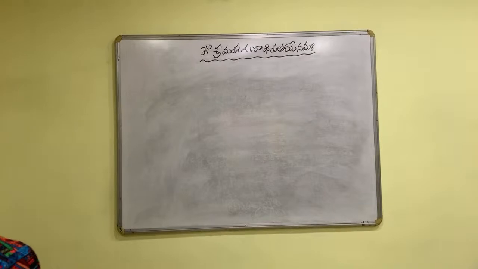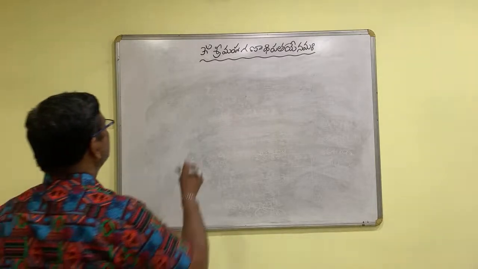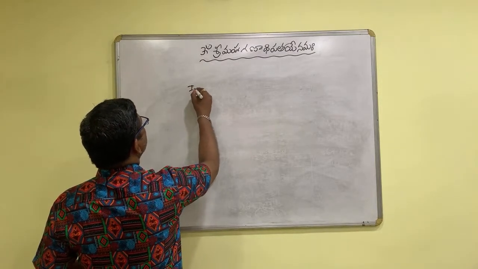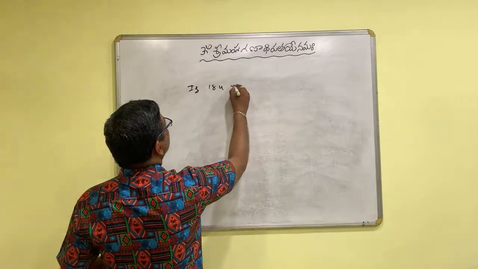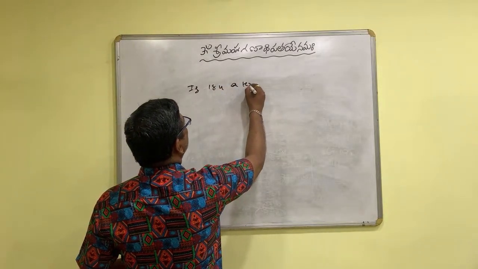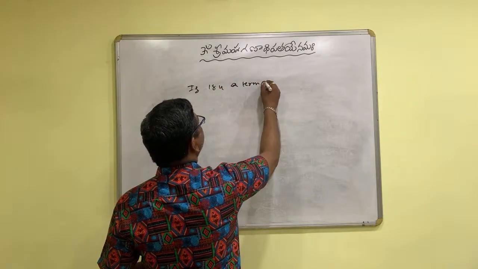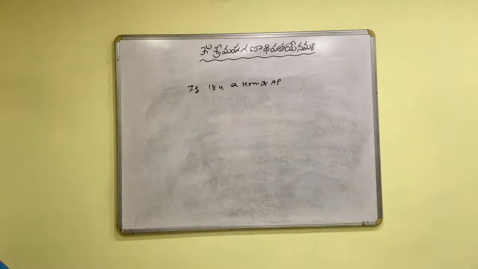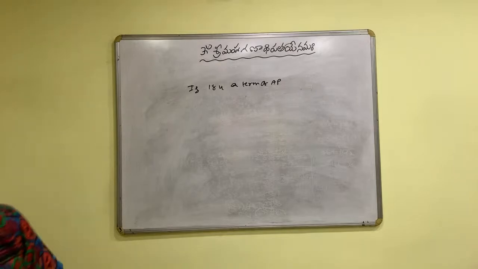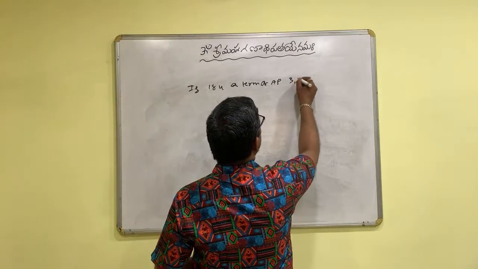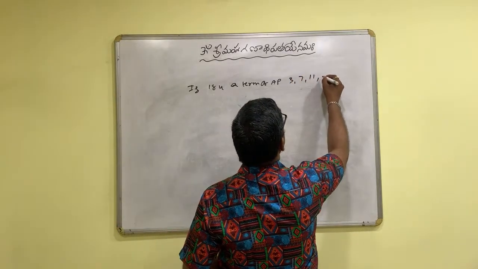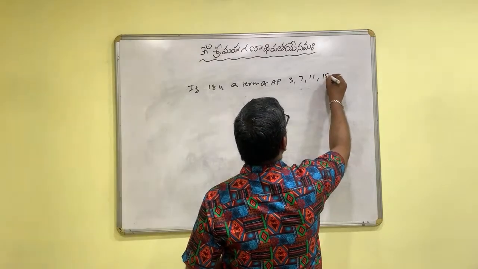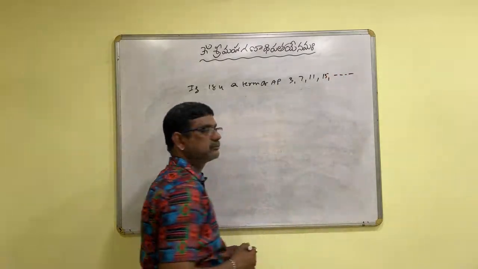What is the question? Is 184 a term of AP 3, 7, 11, 15 and so on, or not?